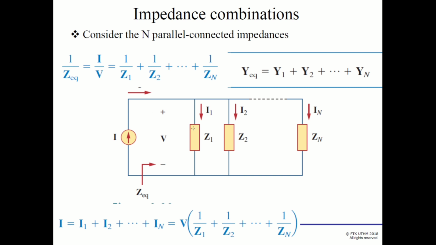And the total impedance of the circuit is basically 1 over Z EQ, where Z EQ is the total impedance. 1 over Z EQ is equal to 1 over Z1 plus 1 over Z2 plus 1 over Zn.